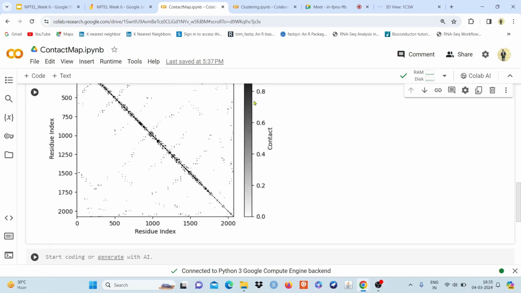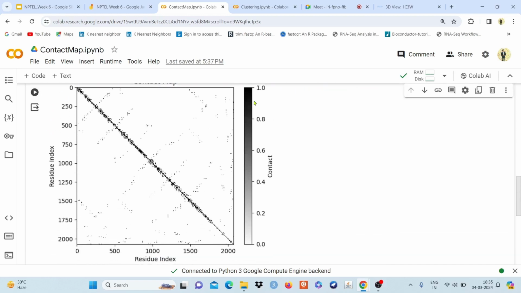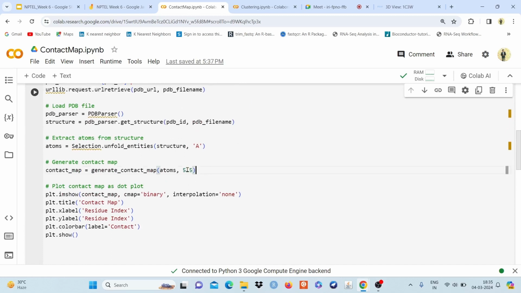This is a demonstration of how to develop a contact map, based on the analysis part. This is the atom-atom contact map that I have generated. A residue contact map can also be generated considering only the C alpha atoms, or there are several conditions defined to make residue contact maps.